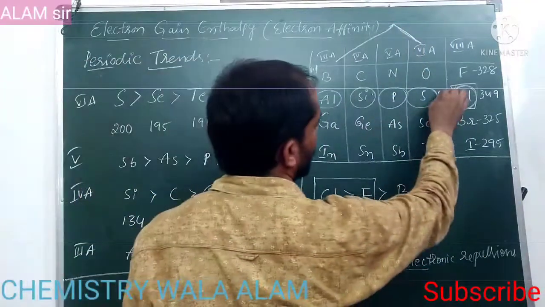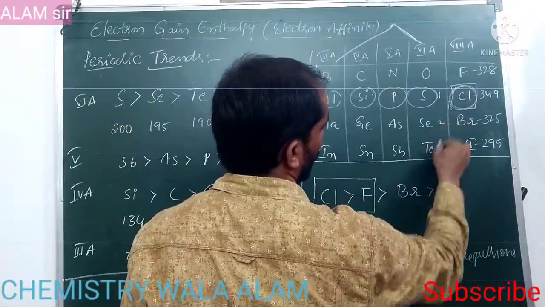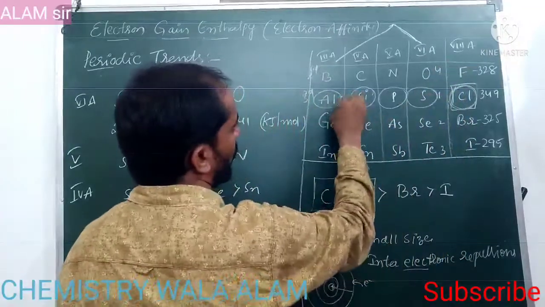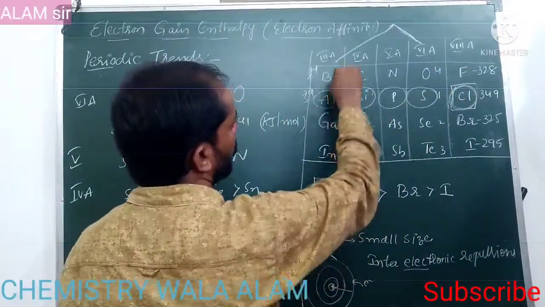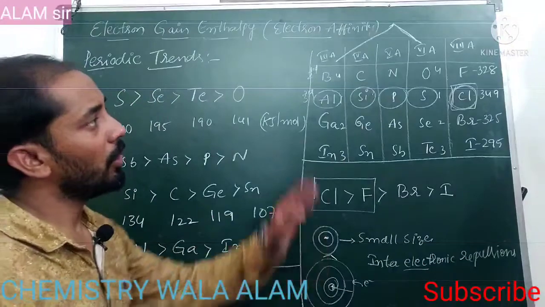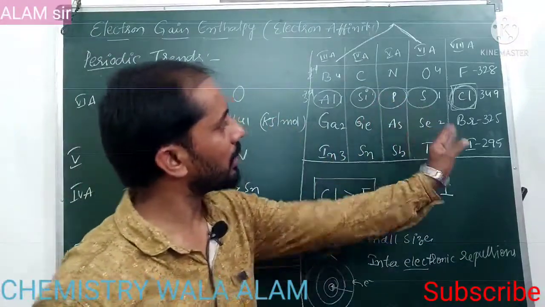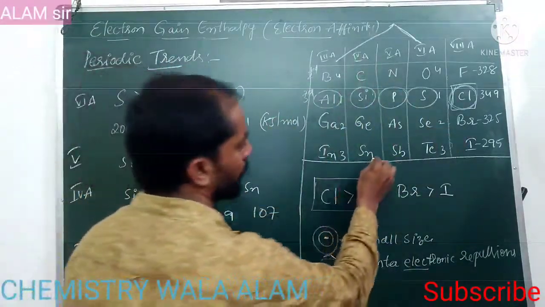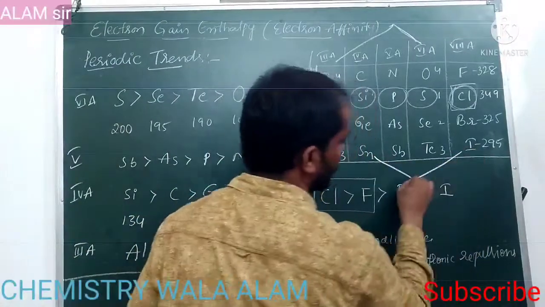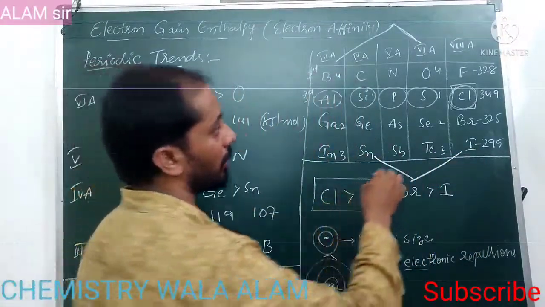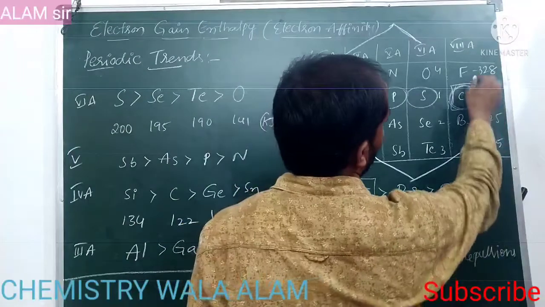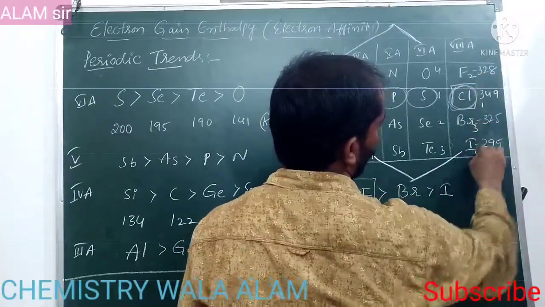So the order is 1 2 3 4, 1 2 3 4. The fourth group and seventh group follow the same order. What is the order? 1 2 3 4.